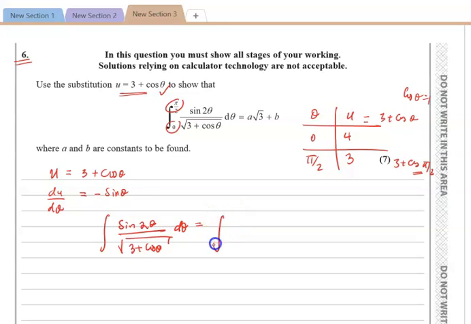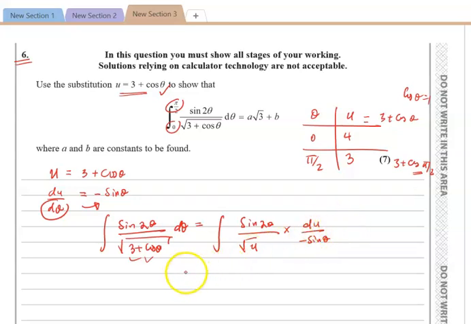So I have the integral of sine of 2 theta over the square root of u, multiplied by d theta. Making d theta the subject, you end up with du over negative sine of theta. That's going to be your integral.